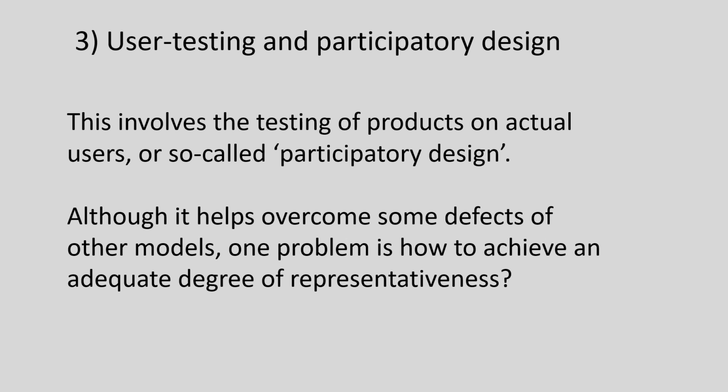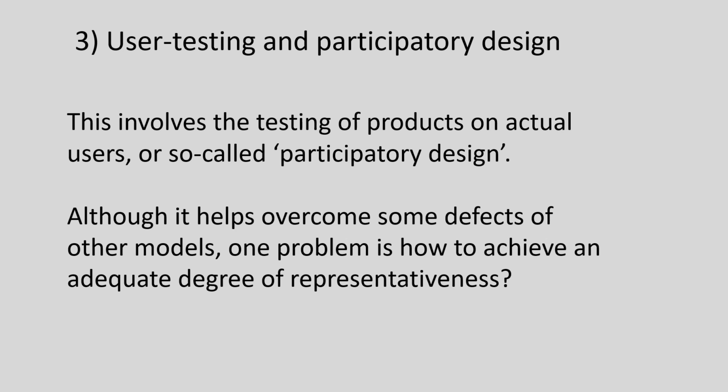Thirdly, user testing and participatory design, which involves testing products on actual users, or so-called participatory design, where users are actually involved in the design of the product. They test it, they give their feedback, and so on. Although it helps overcome some defects in other models, one problem, says Faulkner, is how to achieve an adequate degree of representativeness.